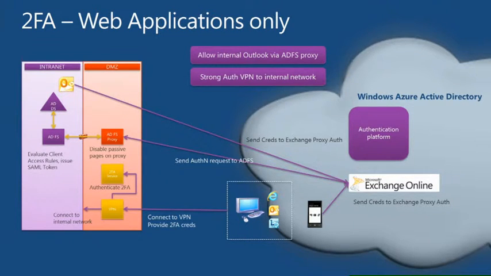Now, whenever I try and access using Link or any of the web clients or even Outlook, I'm going to either hit the ADFS server internally immediately, or I'm going to roll through the Exchange proxy auth, but I'll have an internal IP for that network.